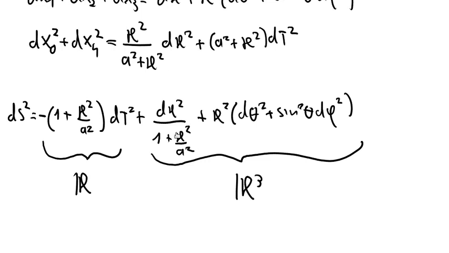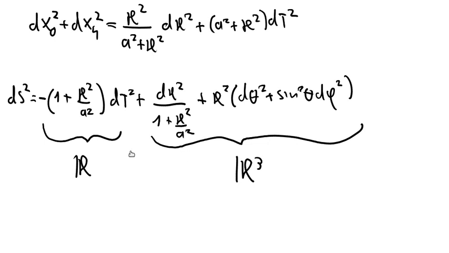If this term was absent, then this could be just flat Euclidean 3-dimensional space. With this term in, this is still defined for any positive value of R. So this is not introducing any change in the topology. So the topology of this space is R3. So we can regard this metric as a metric defined in a space of topology R4.